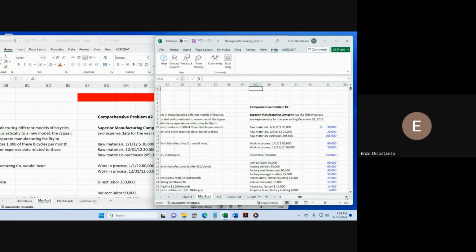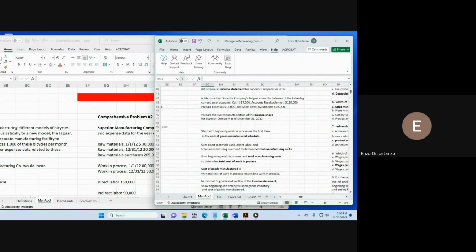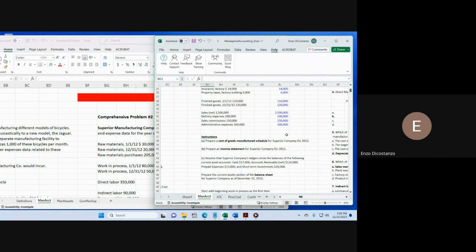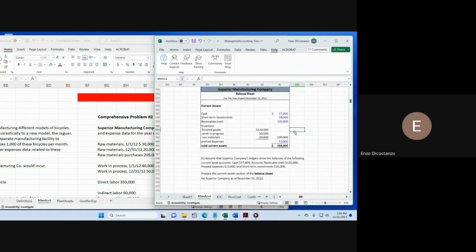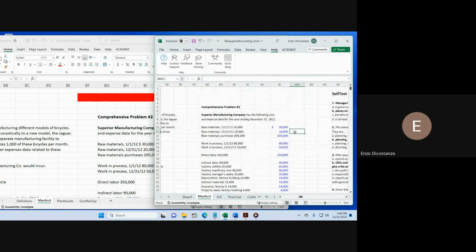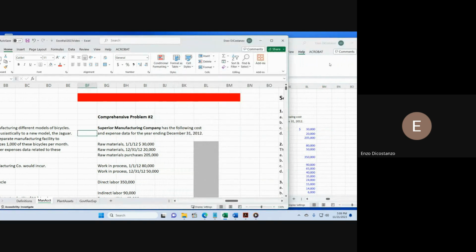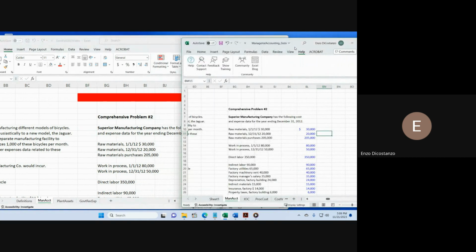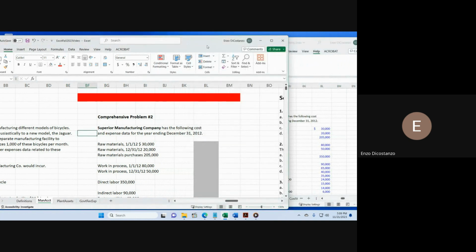We're here with this. We have the numbers there. We have the income statement and cost of goods manufactured. Since you have the numbers already, you've got all these numbers here.